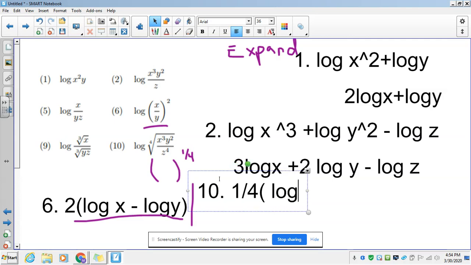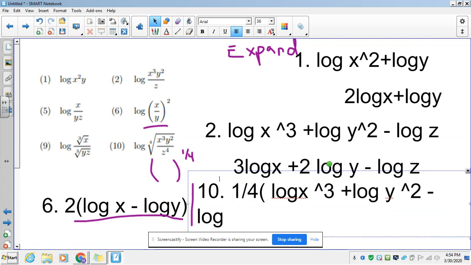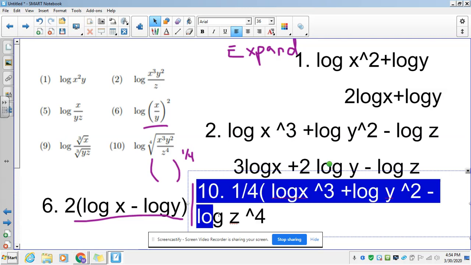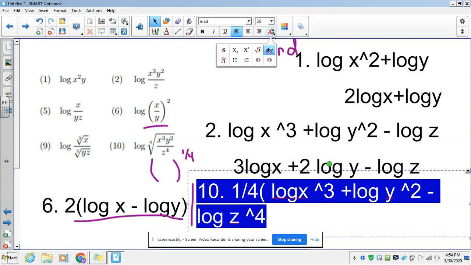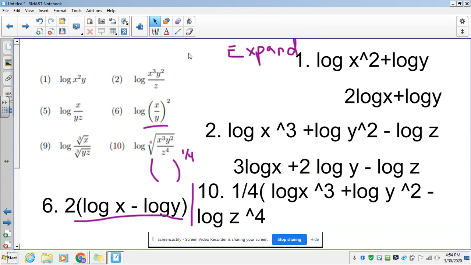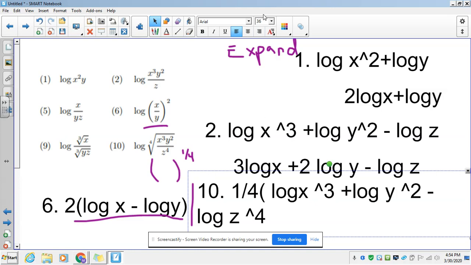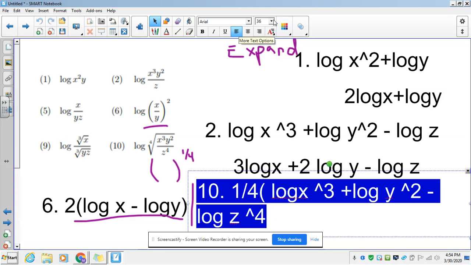So this would be log x to the third plus log y to the second minus log z to the fourth. And if you are more comfortable skipping some of these steps, that is okay.